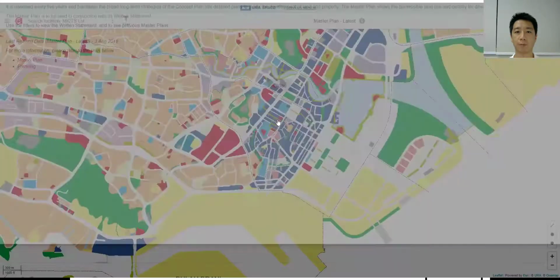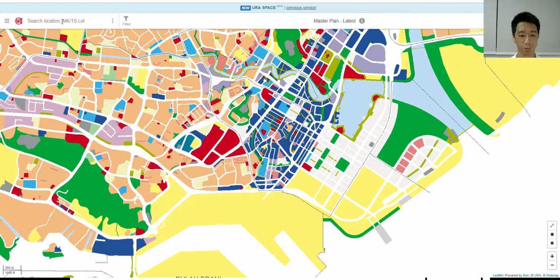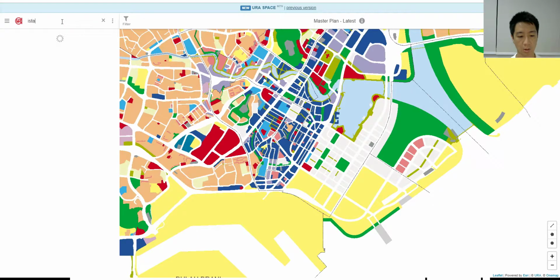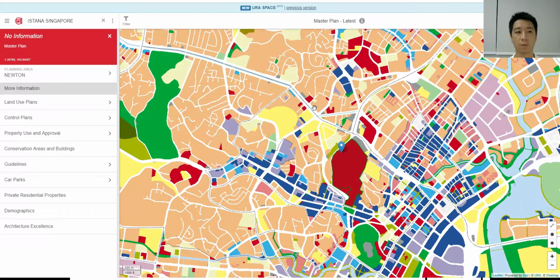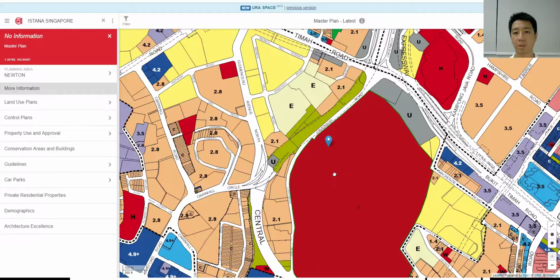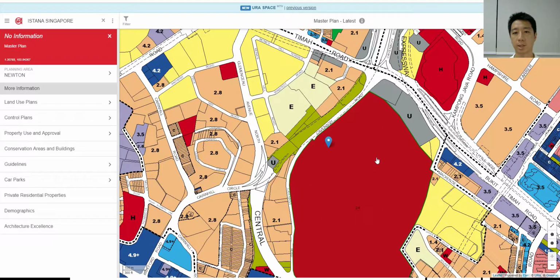If you're in the market for private property, please know how to use all this. You can watch my videos to see how to do this. This red portion is the Istana. Let's take a look at this small little plot of land here.